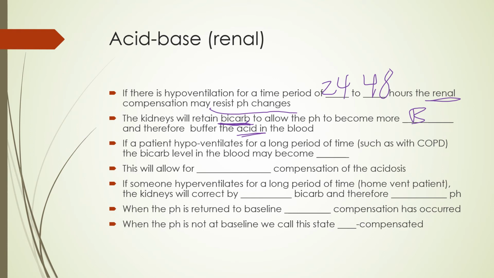If a patient hypoventilates for a long time, in other words, in this situation, hypoventilation equals increase in their CO2 levels. They're not ventilating very well. So if they've been hypoventilating, like what we see with COPD, the high bicarb level in their bloodstream may become chronic.